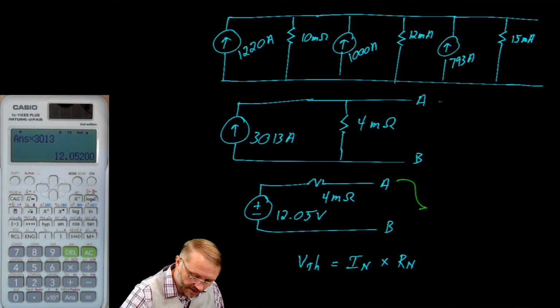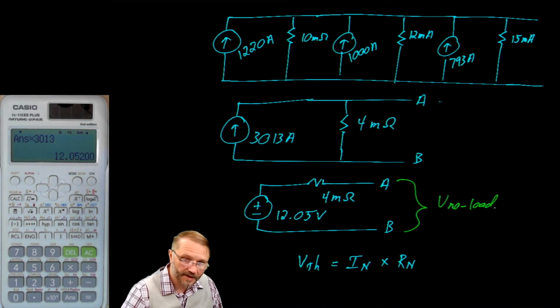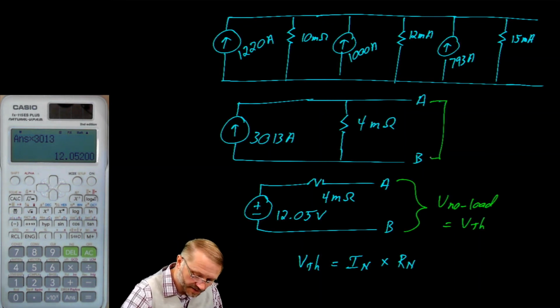We could talk about the no-load voltage, which is equal to the Thévenin voltage. We could also talk about the short circuit current, and that would be equal to I Norton.